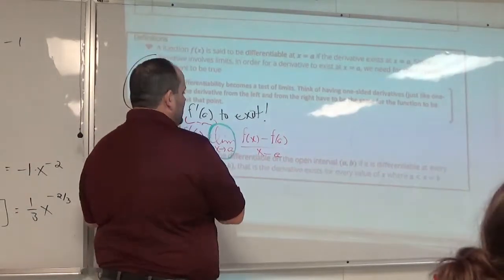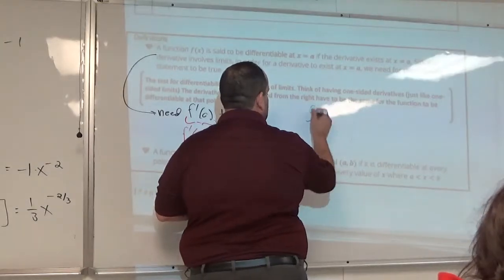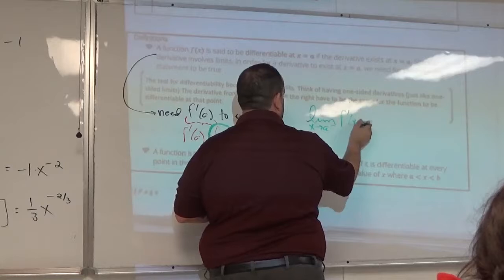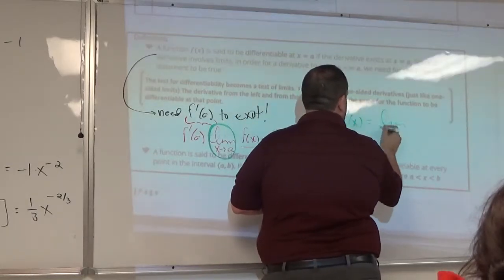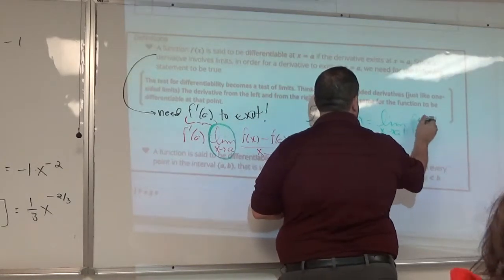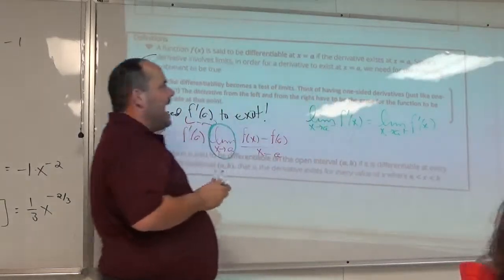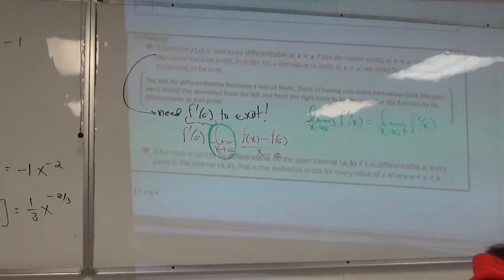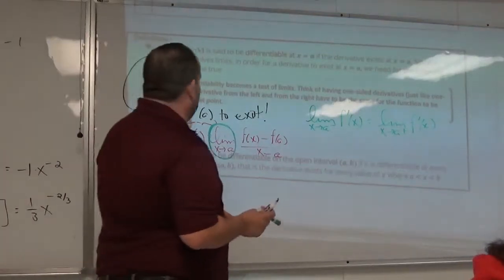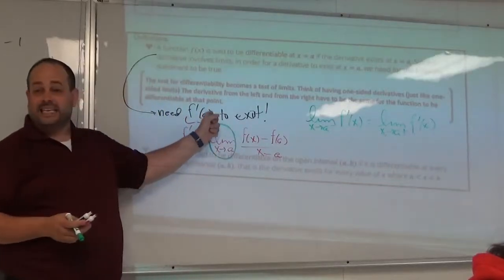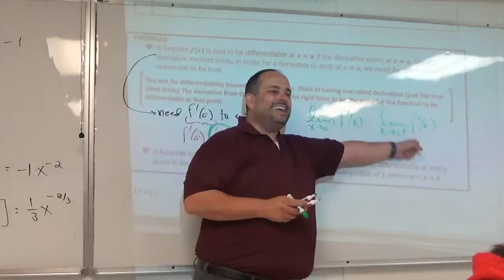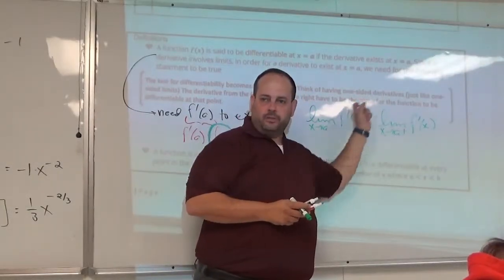So when you say the limit exists, what you're really saying is that the limit as x approaches a from the left of the derivative and the limit as x approaches a from the right of the derivative have to be the same. This is the big calculus, big idea here. A function is differentiable. It means that the derivative exists. Because the derivative is built on limits, I need these two things to be equal to each other.